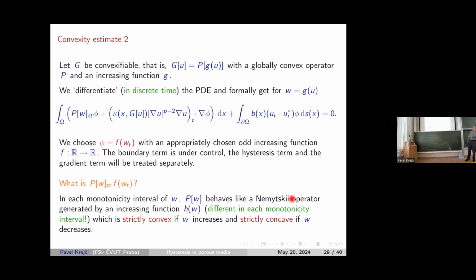But h of w is different in each monotonicity interval. So h is strictly convex if w increases, strictly concave if w decreases. But remember, w is G of u, so there will still be some work.